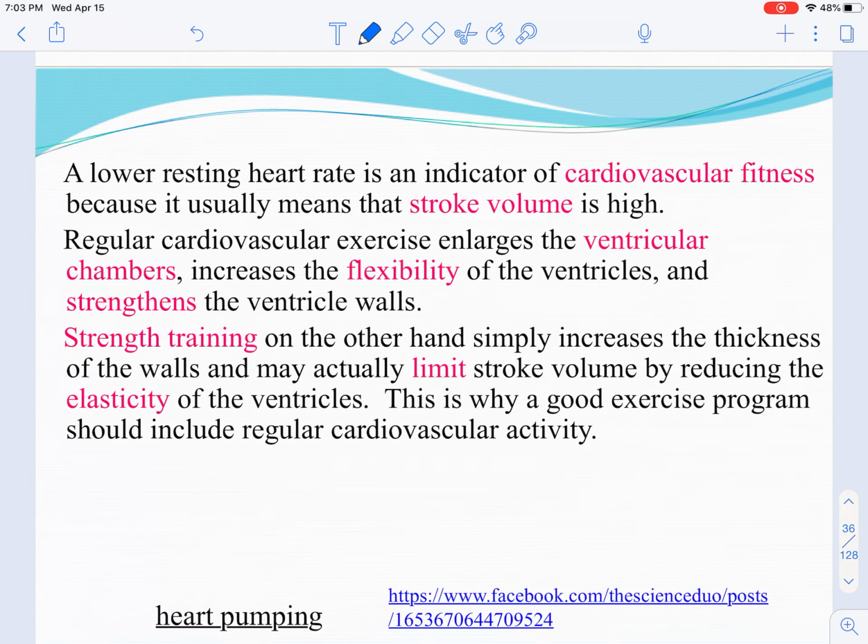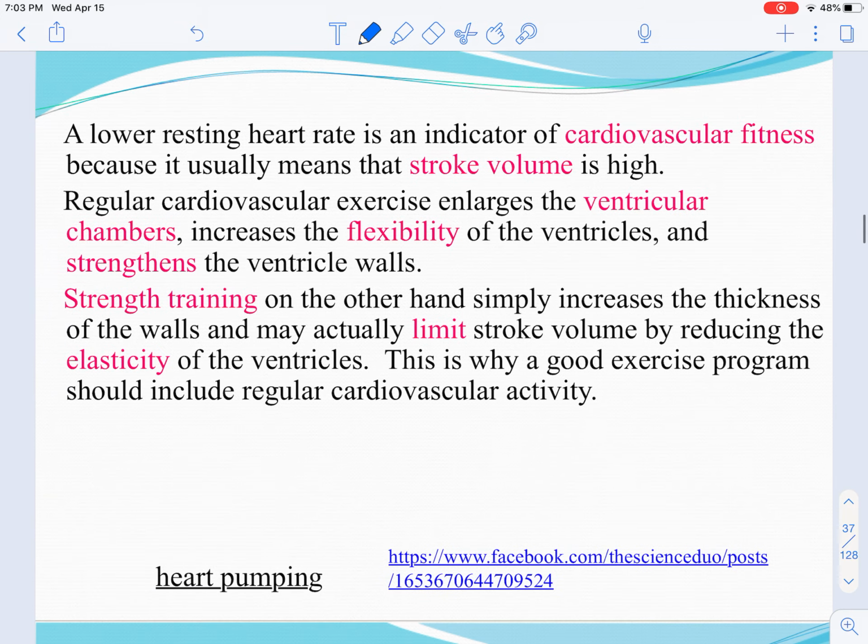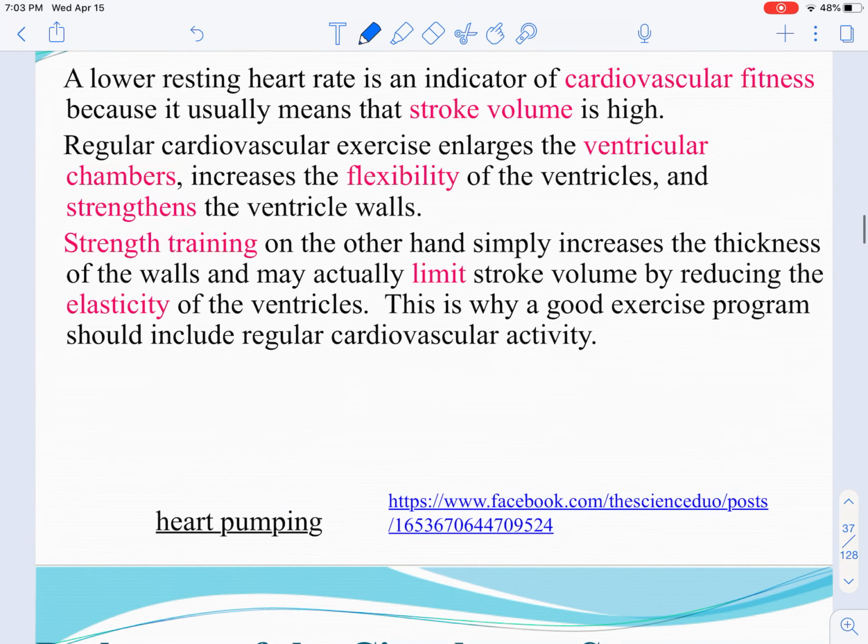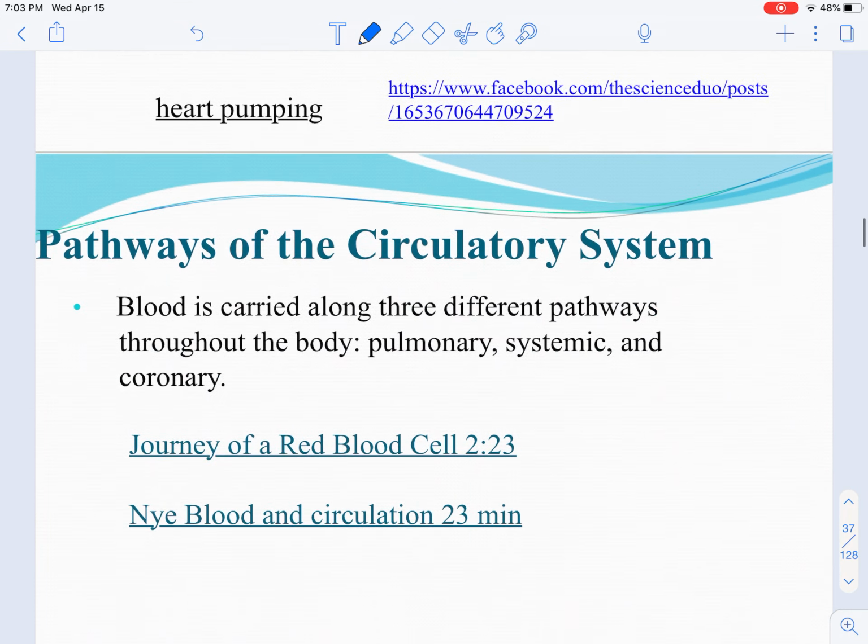There could be a resting heart rate that's very low because their heart is so strong from all their training. And so that's a possibility. You can read more here about how it's good to have cardiovascular and strength training together to have a healthy heart.